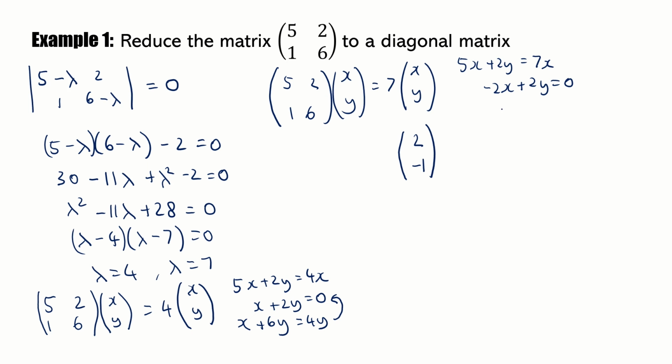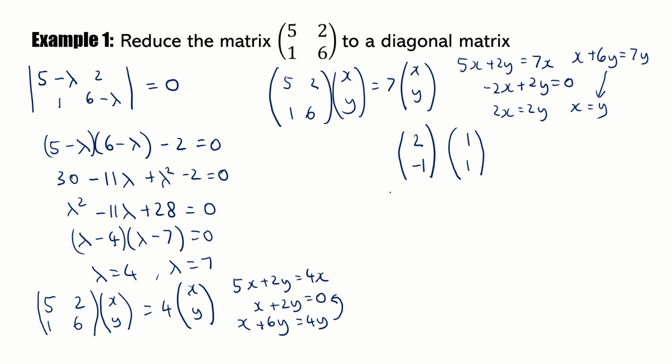In that particular scenario, that's quite nice because it means that 2x is equal to 2y, in other words, x equals y. So the other eigenvector in this scenario is (1, 1). Again, double checking with the other equation, we'd end up with x plus 6y equals 7y, and that would also lead to x equals y as well.